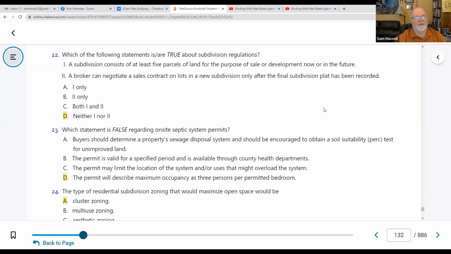And number 2, a broker can negotiate a sales contract on lots in a new subdivision only after the final subdivision plat has been recorded. We can negotiate a sales contract, we just can't close on it until that final subdivision plat has been recorded. So neither 1 nor 2 are correct.